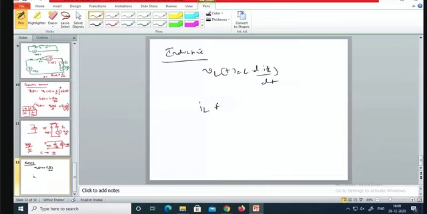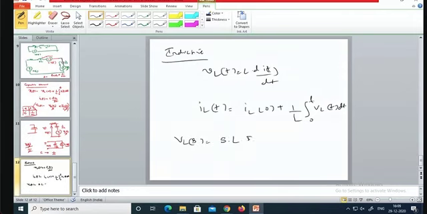So it is IL of t is equal to IL of 0 plus 1 by L integral 0 to t VL of t dt. Okay, so taking Laplace transform, VL of S is equal to S into L into IL of S minus L into IL of 0 minus.